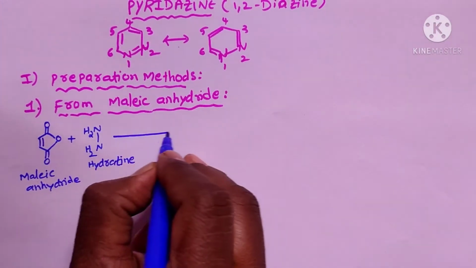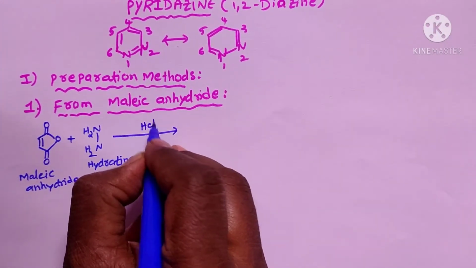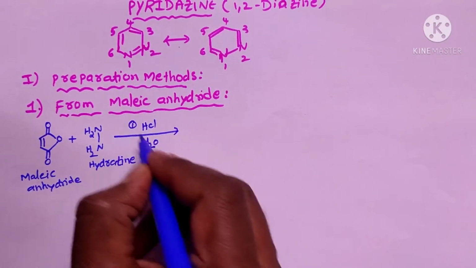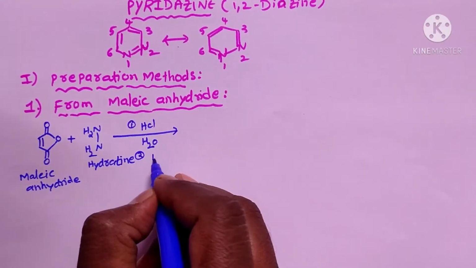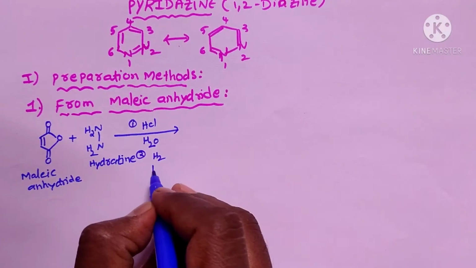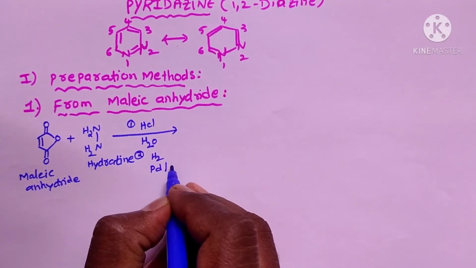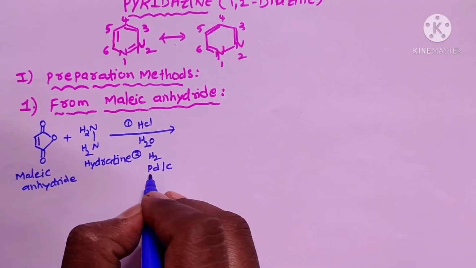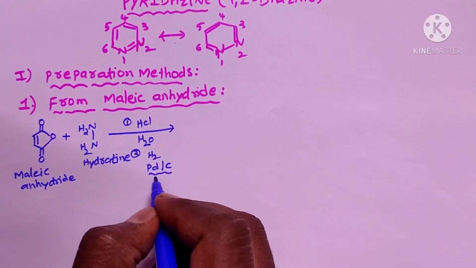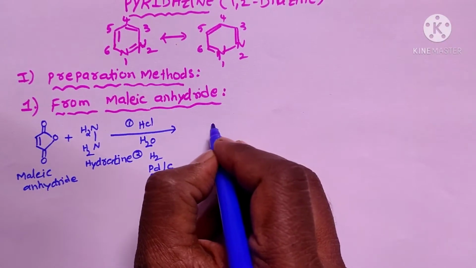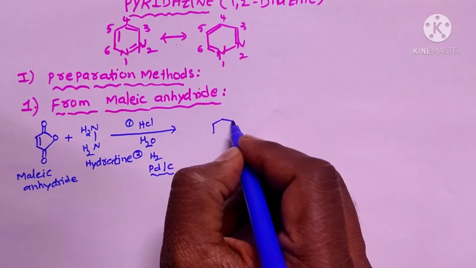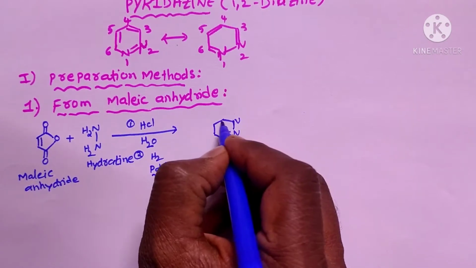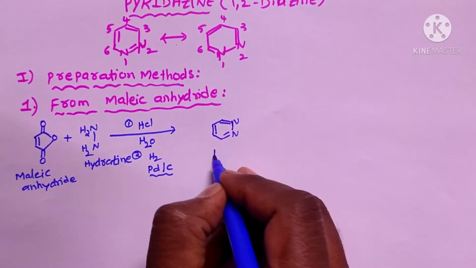And when this mixture is treated with HCl in the presence of water, and then it is treated with hydrogen in the presence of palladium coated on carbon, that means palladized carbon. Ultimately we get the pyridazine compound. So this is pyridazine.